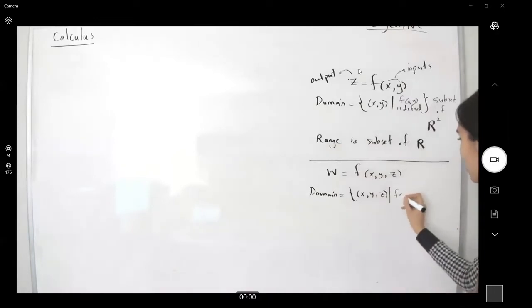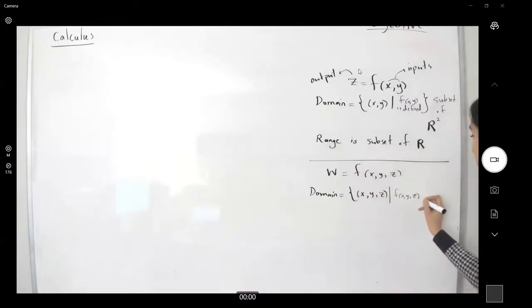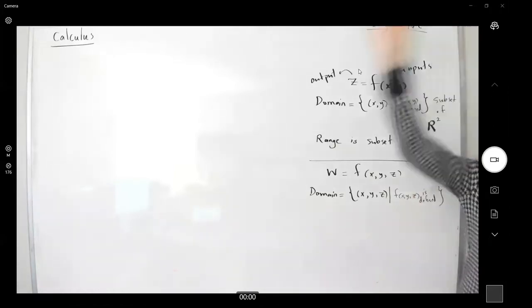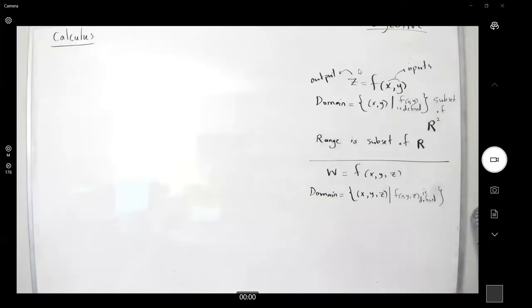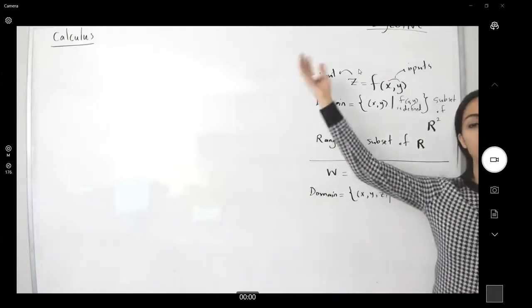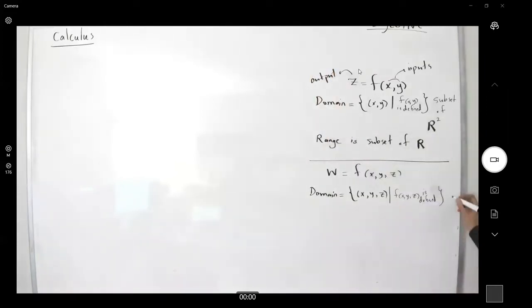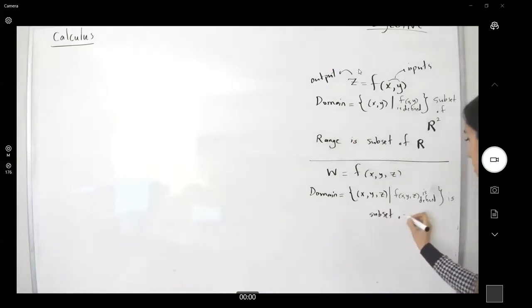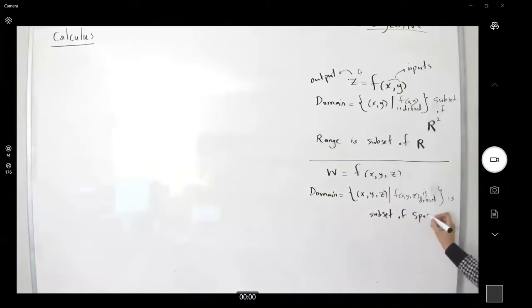So f of x, y, and z is defined. Since you have a collection of points in the space, the domain is a subset of the space itself. How do we represent the space? R to the third.